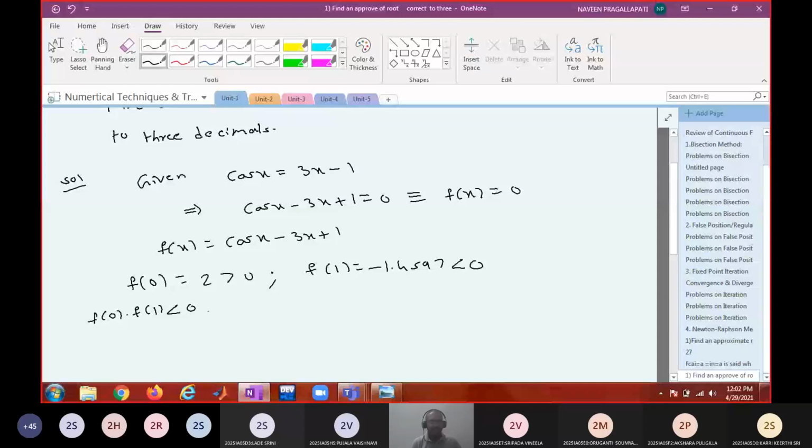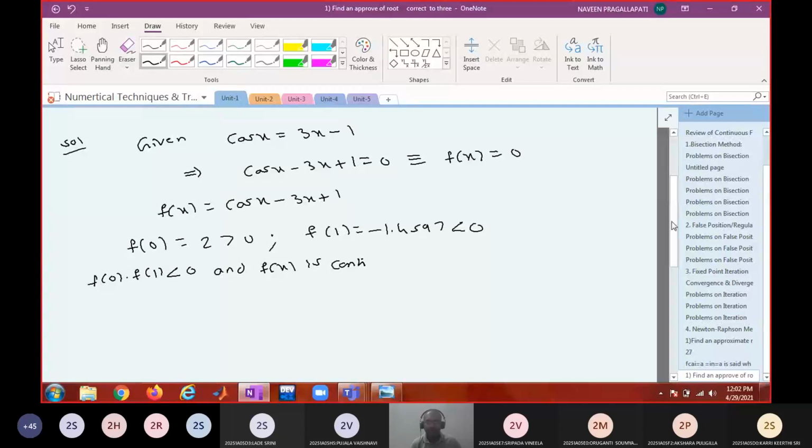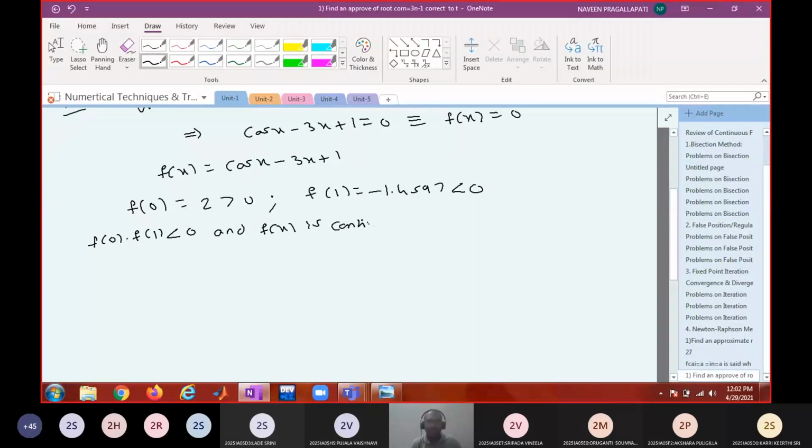F of 0 is greater than 0 and f of 1 is less than 0, and f of x is continuous on closed interval 0 to 1. Therefore, f of x equal to 0 has a root in the interval 0 to 1.